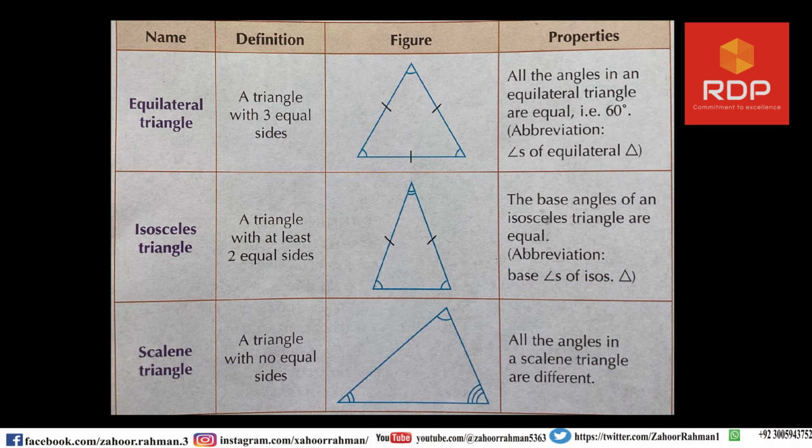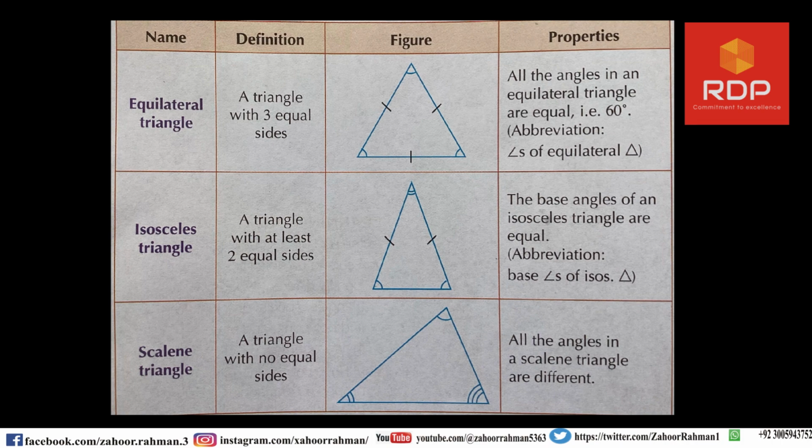The two base angles can be identified as the angles opposite the sides which are equal. These are called the base angles. So in the properties we can see that the base angles of an isosceles triangle are equal.